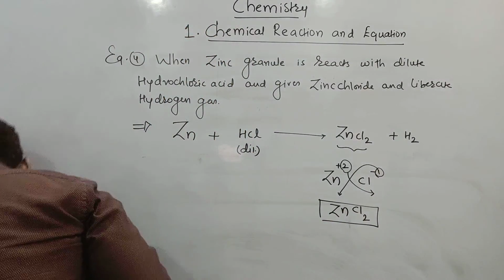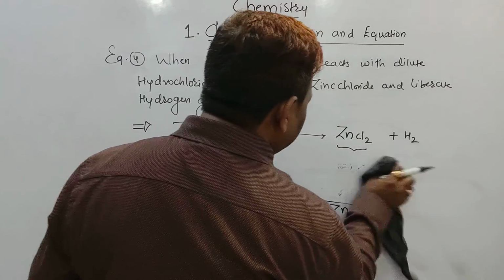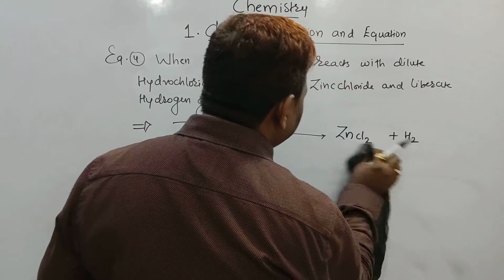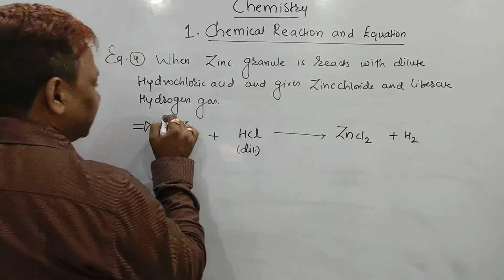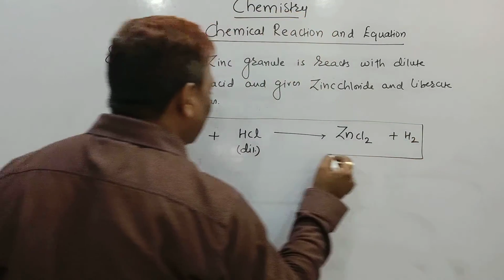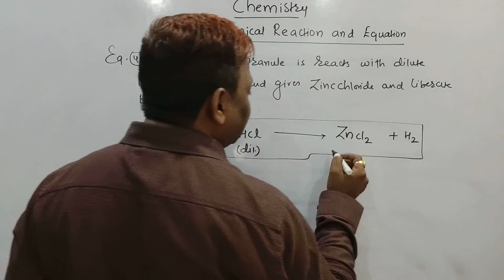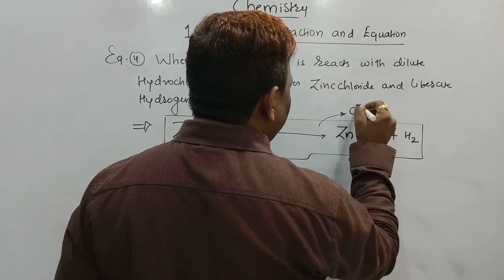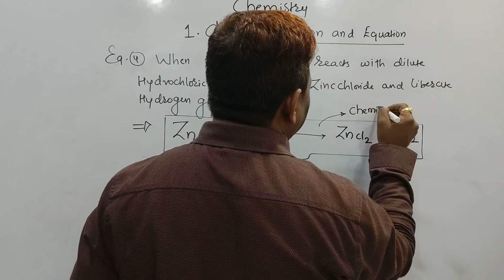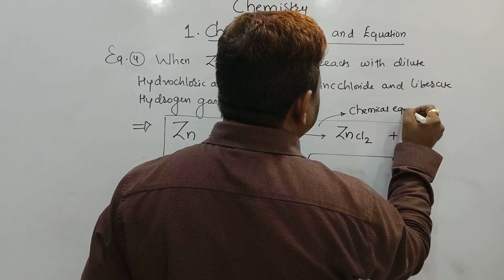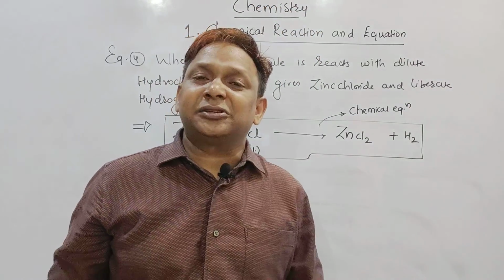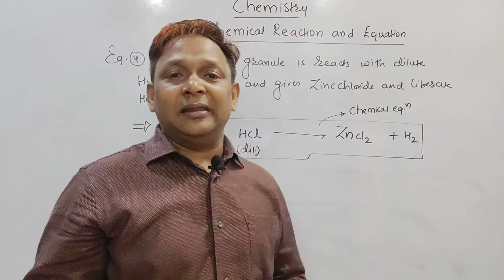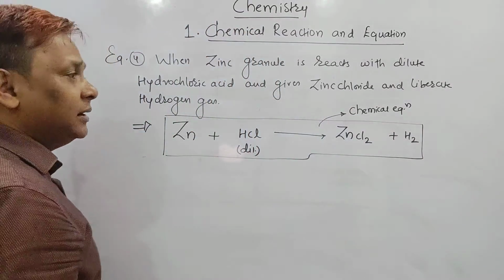So now, beta, zinc chloride means the symbol is ZnCl2 and it liberates H2 gas. Anyhow, this reaction is not balanced, beta, but I am just going to teach you now how to represent the chemical equation. This is called a chemical equation. And sir, what is a chemical equation? To represent the chemical reaction, we write the equation, and that equation is called a chemical equation.